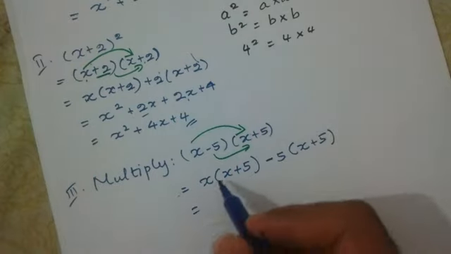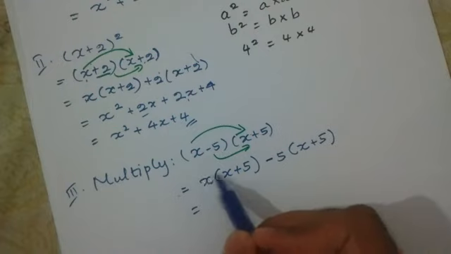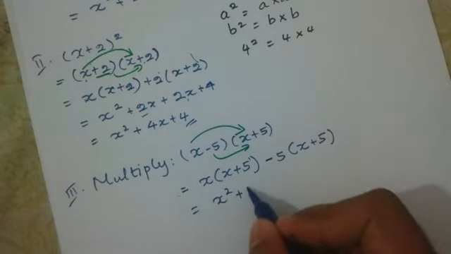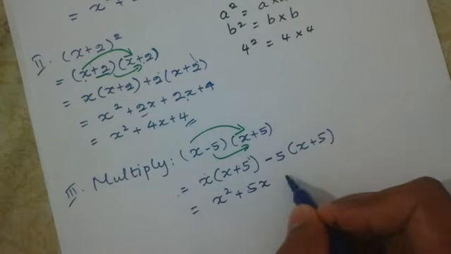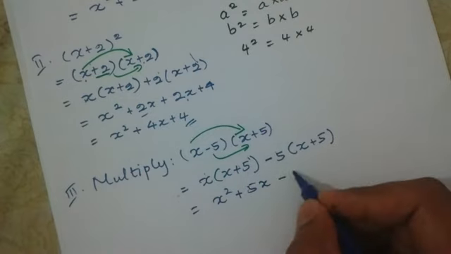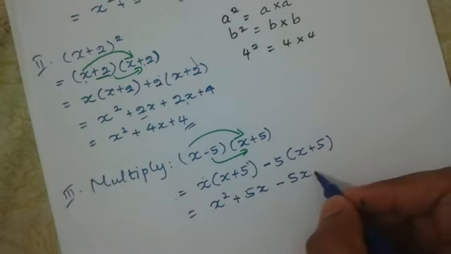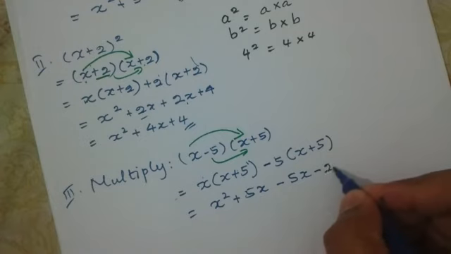Alright, now we are on the go. x times x is x squared, plus x times 5 is 5x, minus 5 times x is minus 5x, minus 5 times positive 5 is negative 25.